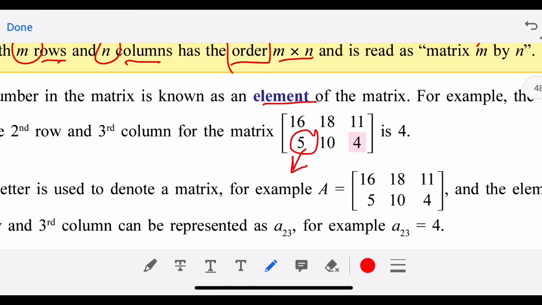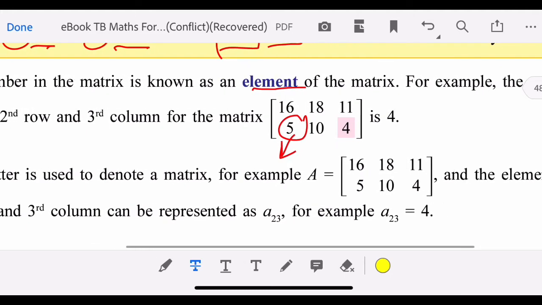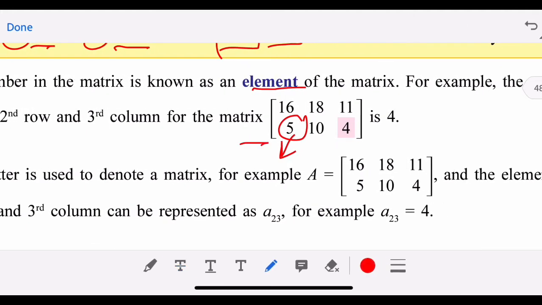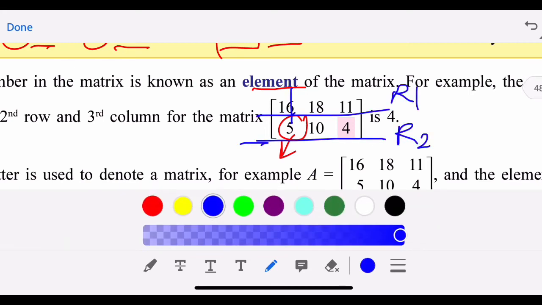Okay, for example, the element in the second row and third column. So this is row 1, this is row 2. This is column, I just use a line.